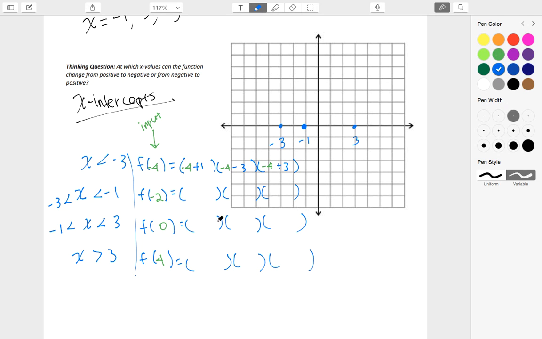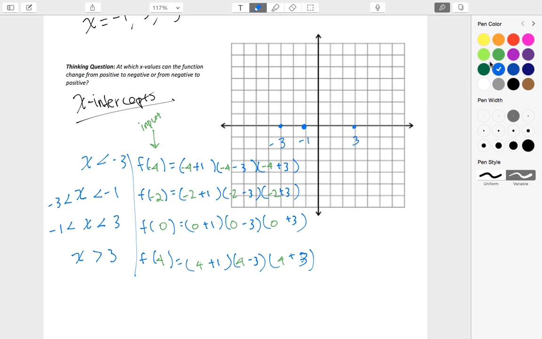And so then I have +1 - 3 + 3, +1 - 3 + 3, +1 - 3 + 3. Okay, and then here I'm going to basically substitute all the inputs that I have. So I have -2, -2, 0, 0, 0, 4, 4, 4.